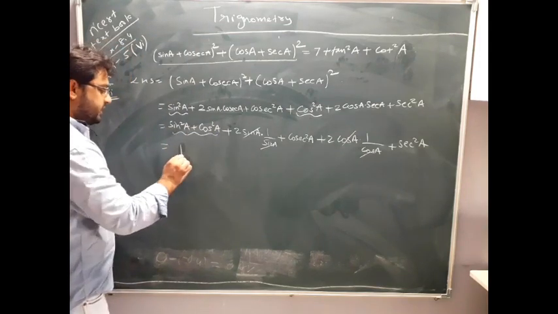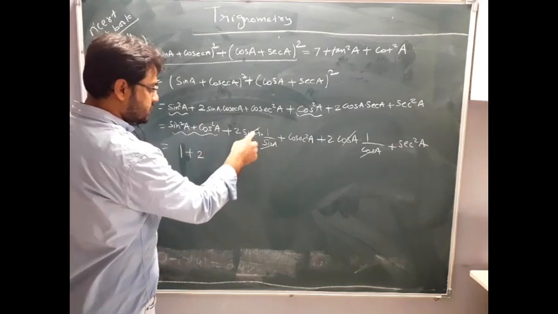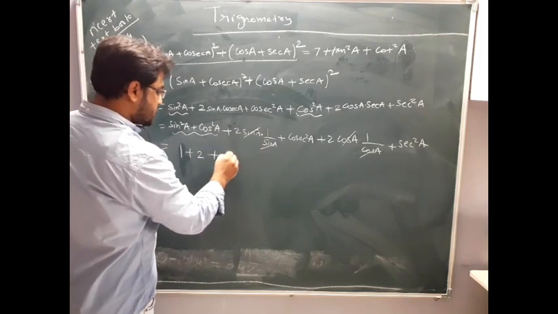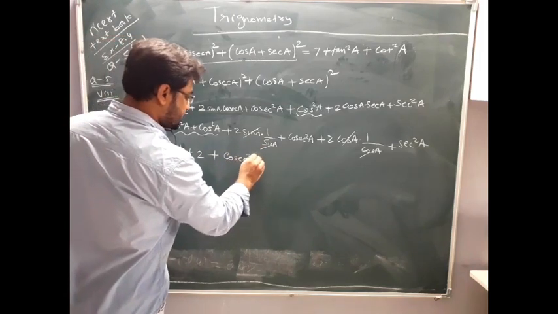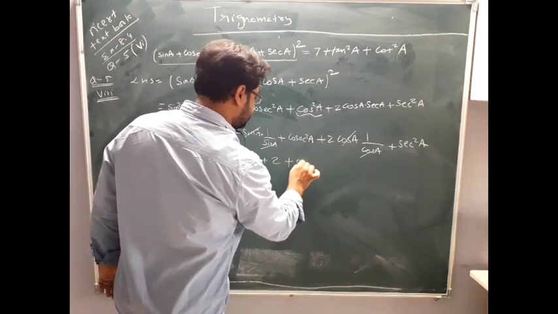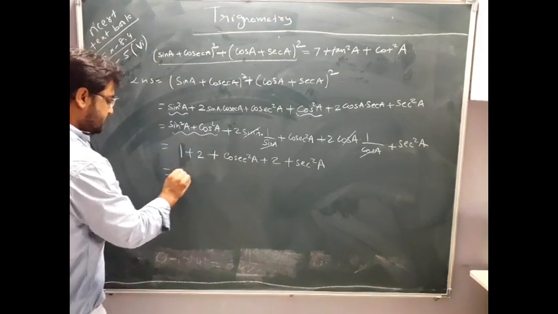So this portion is converting into 1 plus 2, because the sin A gets cut, remaining is 1, so 2 ones are 2, plus cosec square A, plus 2 ones are 2, plus sec square A. 2 plus 2 is 4, plus 1 is 5.